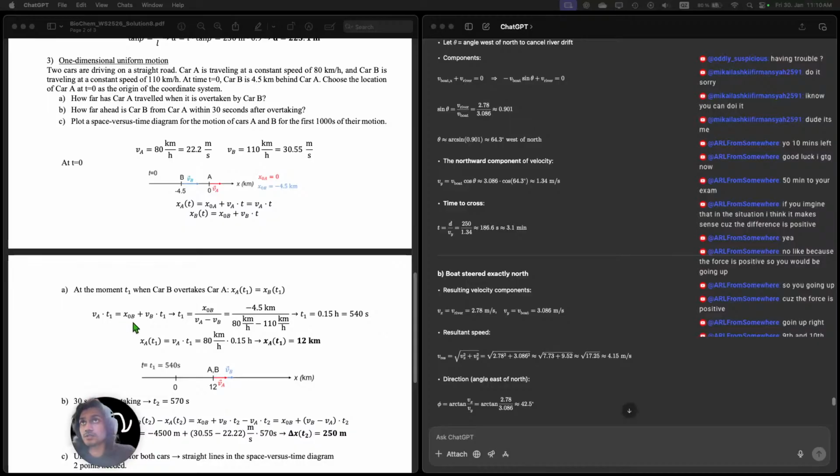XA(T1) equals X0B plus VB times T1. What is X0 though? What is T1 though? T1 equals X0B by VA minus VB minus 4.5. That's the initial position of car B from origin, okay?